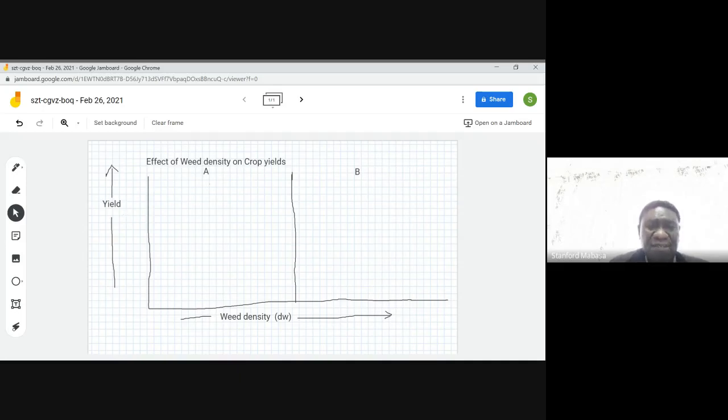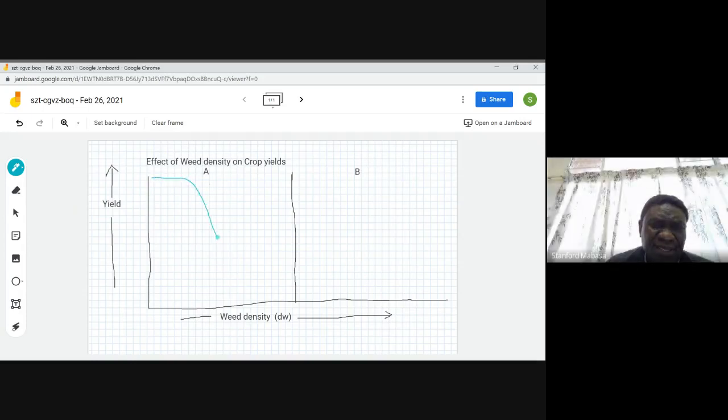Now, if we plot a graph showing what is happening to our yield as we increase density, according to some weed scientists, they think density can do this.